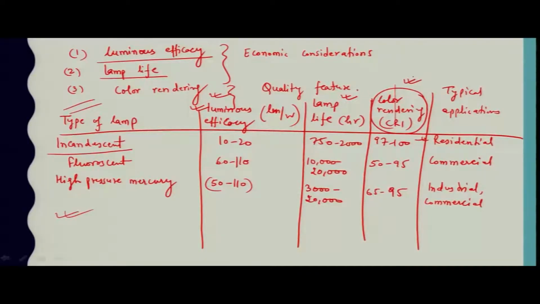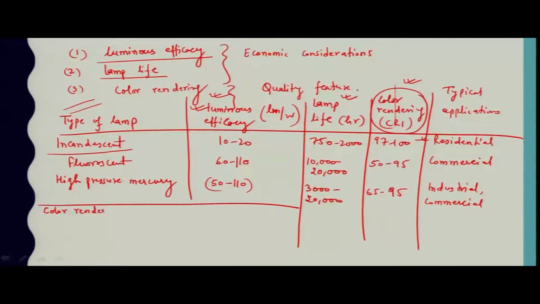So this color rendering refers to the capability of a lamp to illuminate objects in their true colors.